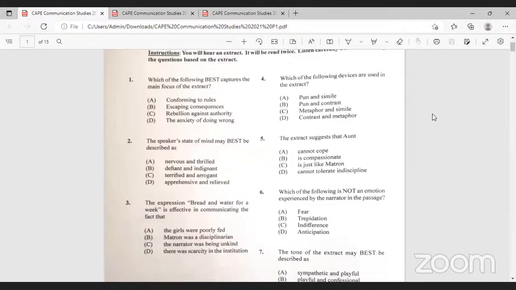4, which of the following devices are used in the extract? Pun and simile, pun and contrast, metaphor and simile, contrast and metaphor. I don't want to go back to the text because you have to practice to listen, so you can't read it. But your reading skill is tested in the other areas. So which of the following devices are used in the extract? So I see C, I see B, anything else?